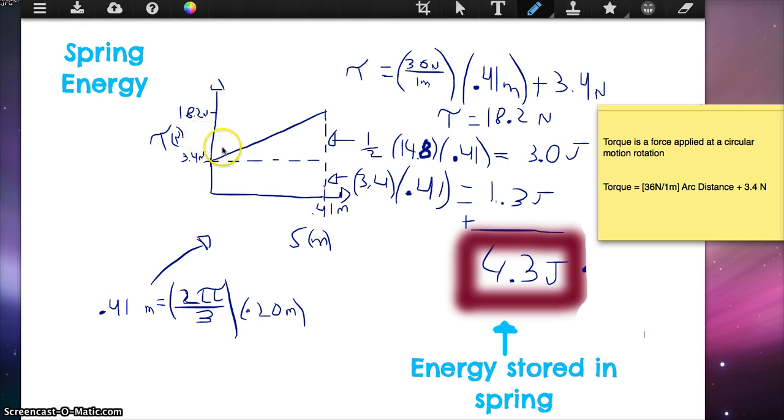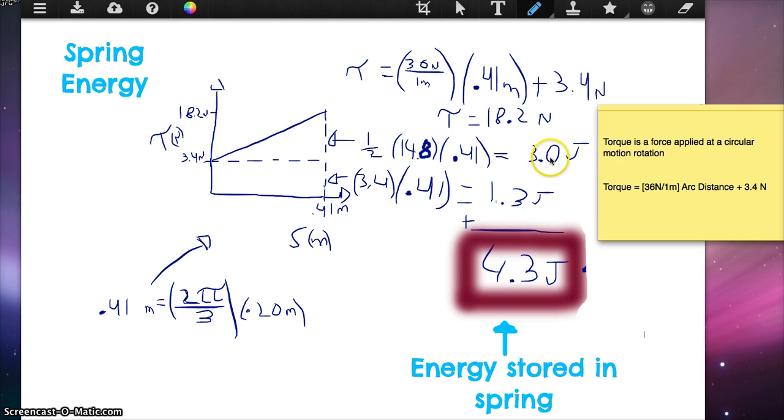And for my triangle, I get 1/2 times 14.8, because it's 18.2 minus 3.4, so that's how I get 14.8 times 0.41, and that gives me 3.0 joules.